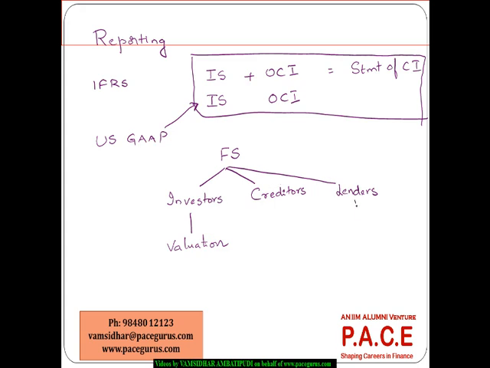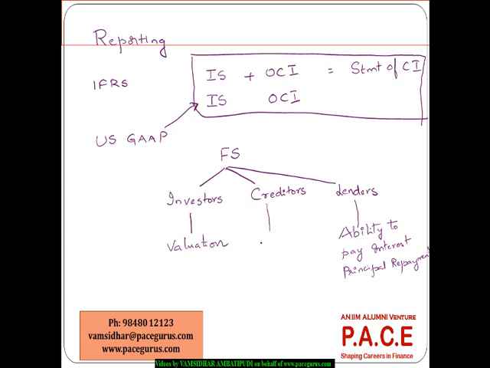And probably from a lender's standpoint, their understanding of the income statement is to assess the company's ability to repay, ability to pay interest on time, ability to do a principal repayment whenever required. So the lenders would evaluate the income statement of the company for that purpose.